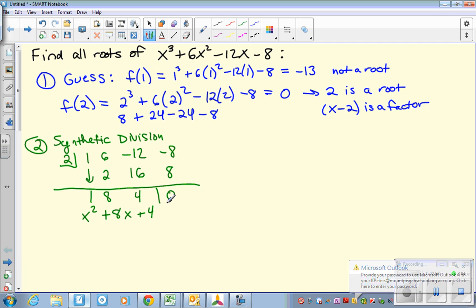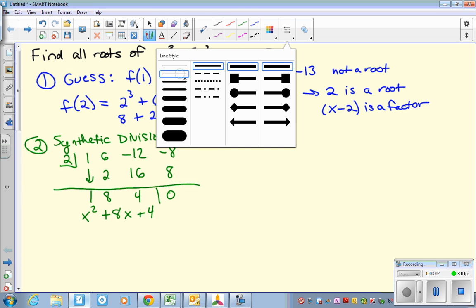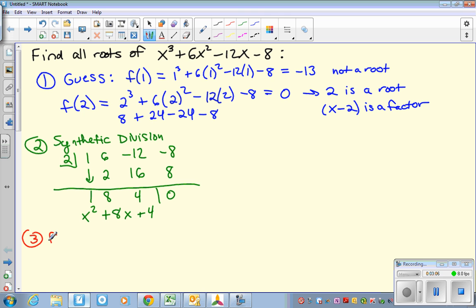And so now if we go ahead and try to figure out all of the roots, we can write this as a polynomial. So f of x, the function that I started with up here, I can rewrite as x squared plus 8x plus 4. And next to that, I'm going to put x minus 2, the factor that we know.